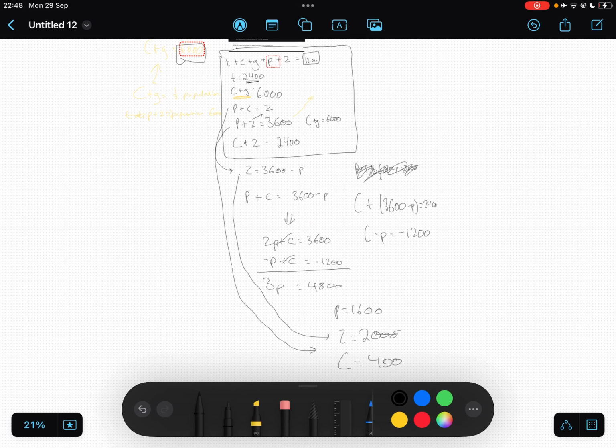P, Z, C, and then G. So we've got T equals 2,400. Just add up these together now, and the difference from 12,000 is going to be what G is. So G is 5,600. And there you have it, guys. Bit of a long one.